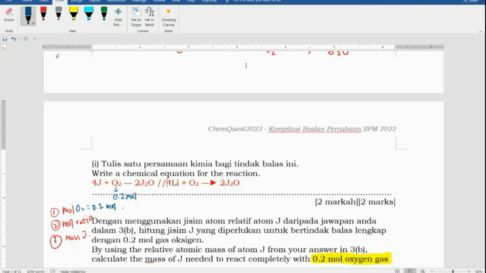Adrian, okay or not? Tawi, can or not? This one, mole for oxygen, 0.2. Is that okay, Tawi? Please give the teacher some feedback.